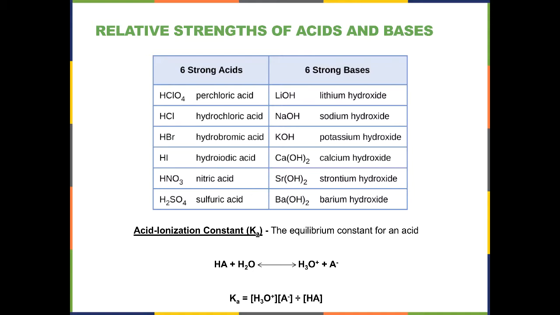Now in situations of strong acids, the products are favored, so the numerator is going to be quite large, the denominator quite small. And this is an equation that you'll want to keep your hands on.